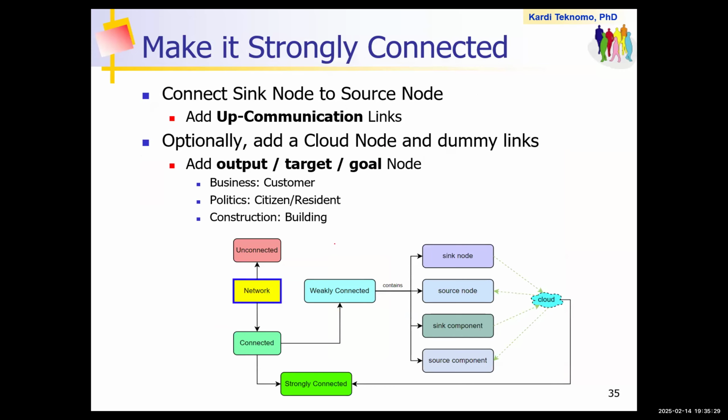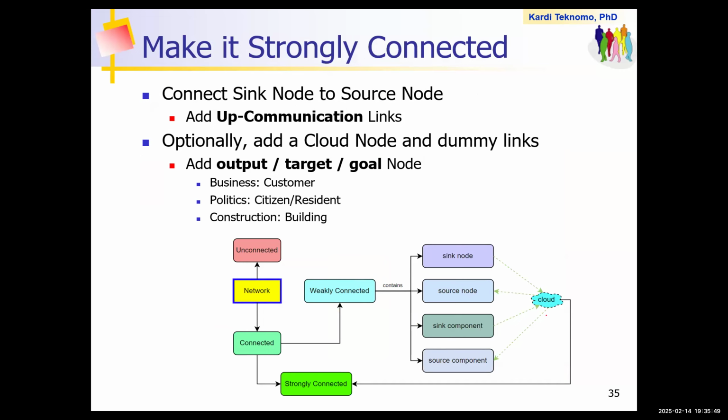There are several ways to make it strongly connected. Remember, you have a network. If it is unconnected, we cannot do anything with it. If it is connected but weakly connected, it must have a sink node, source node, sink component, or source component.